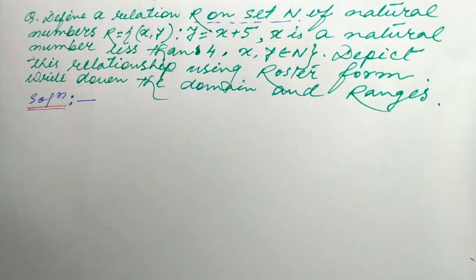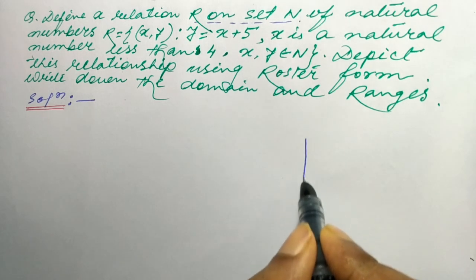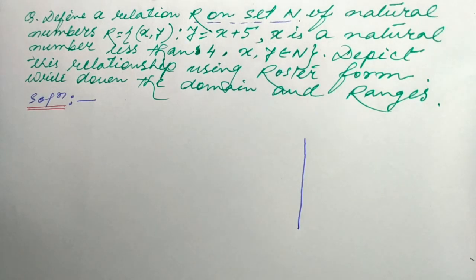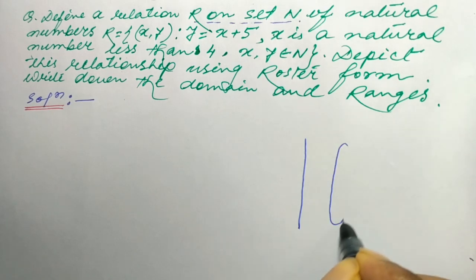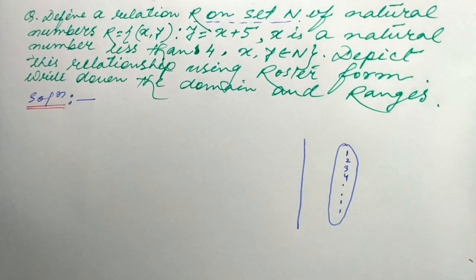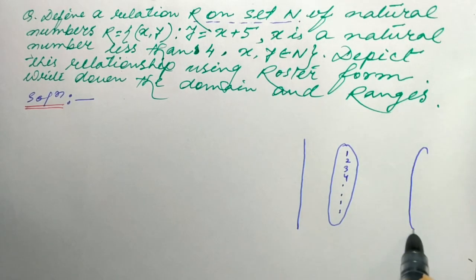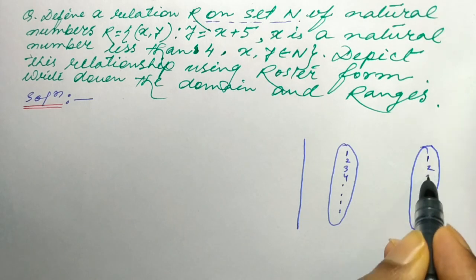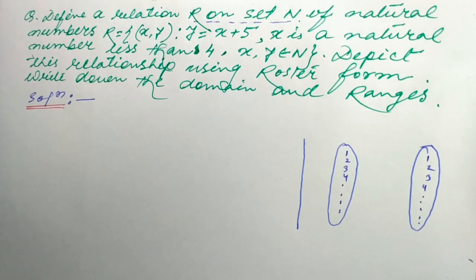To depict this relationship in roster form, we have to make the arrow diagram in our rough or in our mind, so that we can proceed clearly. Our input is natural numbers 1, 2, 3, 4, and the output is also natural numbers 1, 2, 3, 4, and it goes on.